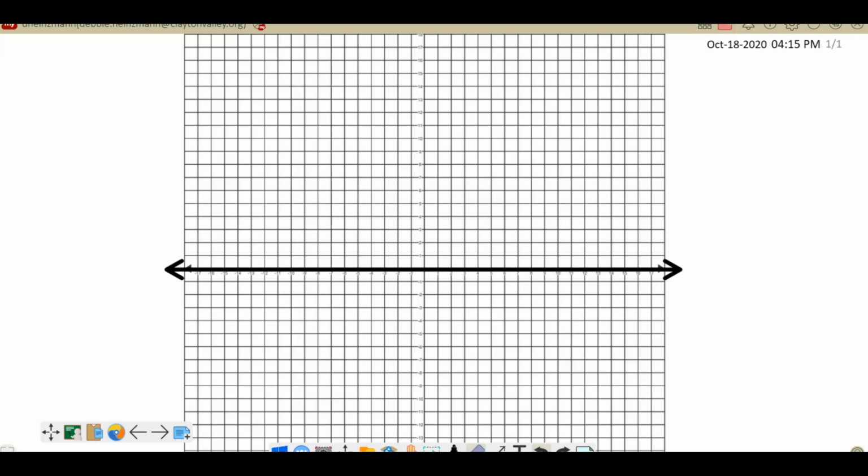Okay, before we dive into our functions unit, we need to transition from using one variable, x, to using two variables, x and y. So let's talk about that for just a moment.